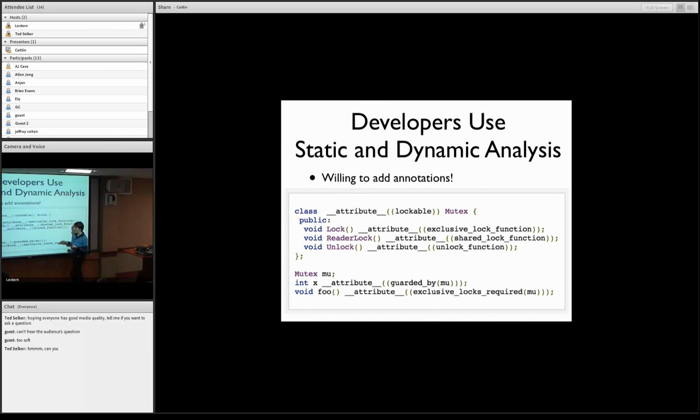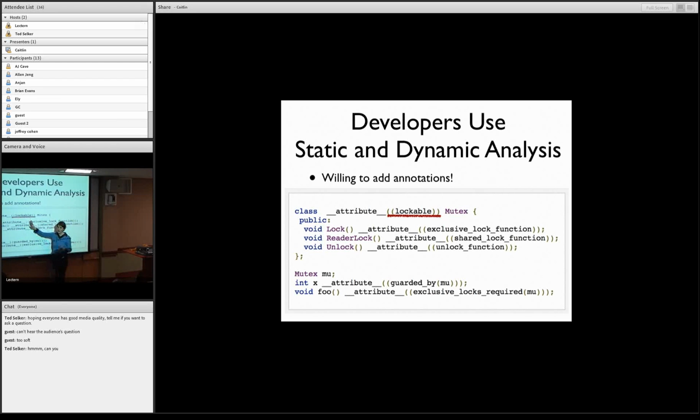As an example, this is a project that I worked on at Google last summer in the Clang C++ compiler. This is a static analysis for verifying thread safety properties. Here you can say that some class is lockable.